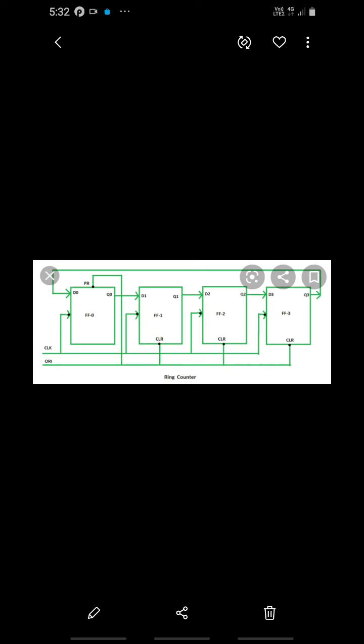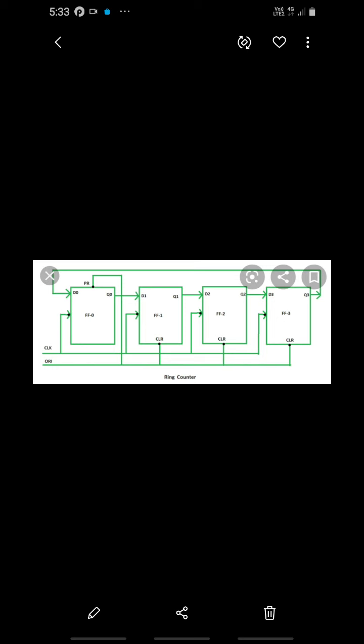The Q0 output sets up the D1 input. Q1 output sets up the D2 input, and so on. Therefore, a ring counter resembles a shift right register because the bits are shifted right one position per positive clock edge.